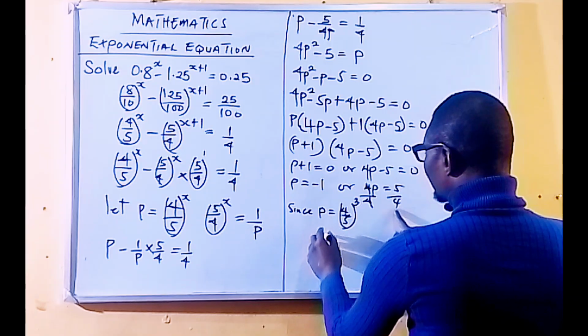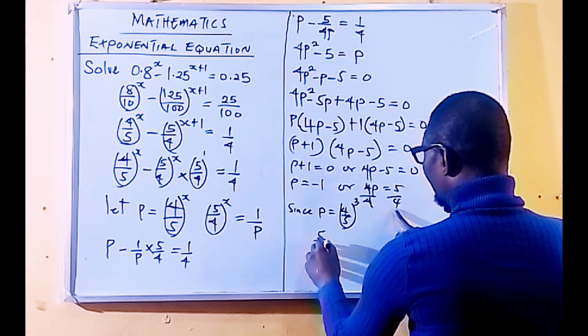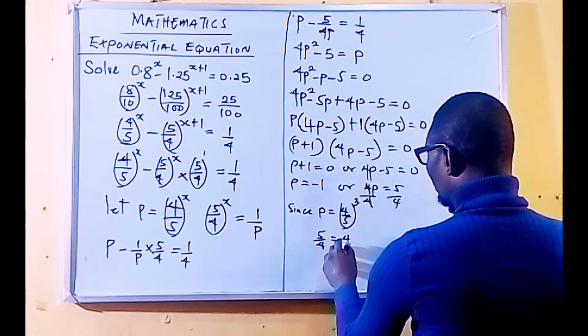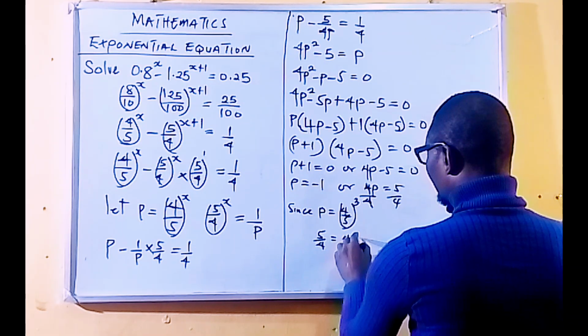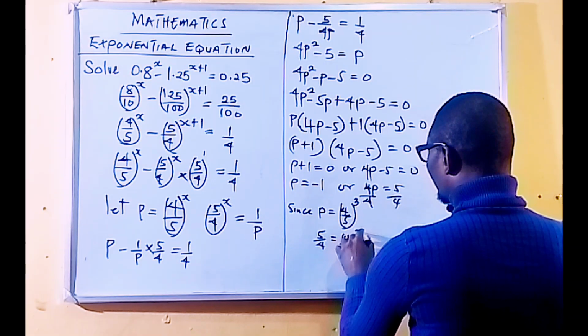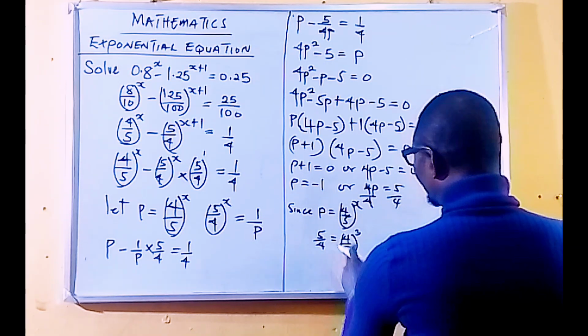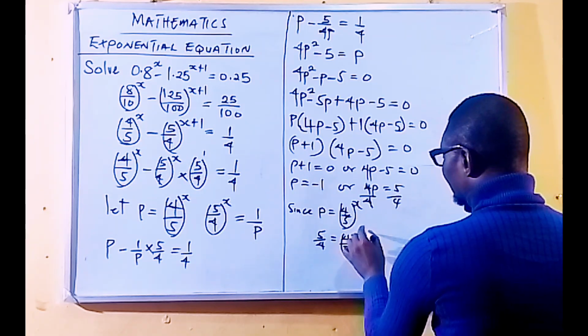So since p is equal to 5 over 4, then 5 over 4 is equal to 4 over 5 raised to the power of x.